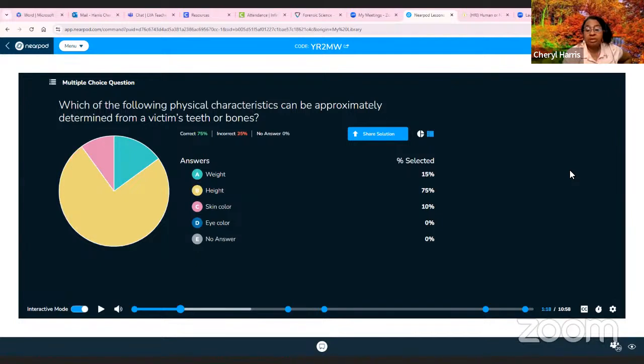All right, so now that you see everybody else's answers, everybody's changing their answers, but that's okay. So height can be approximately determined by teeth and bones. Okay, got us. Got somebody still holding on to weight. So the correct answer is height. All righty, and just a little heads up. Usually, just before these questions come up, it's probably the last thing they said. So just be listening.